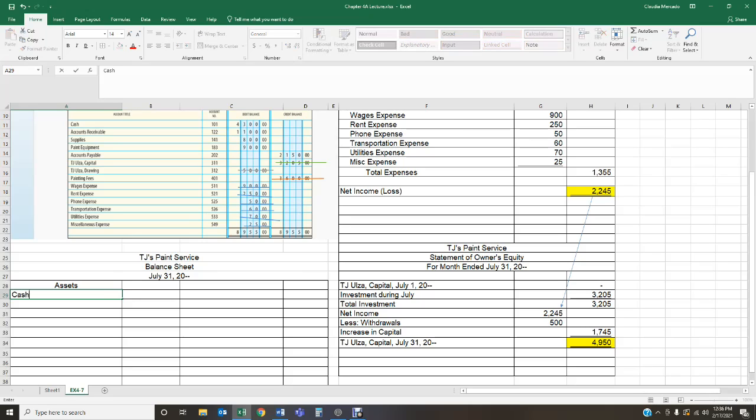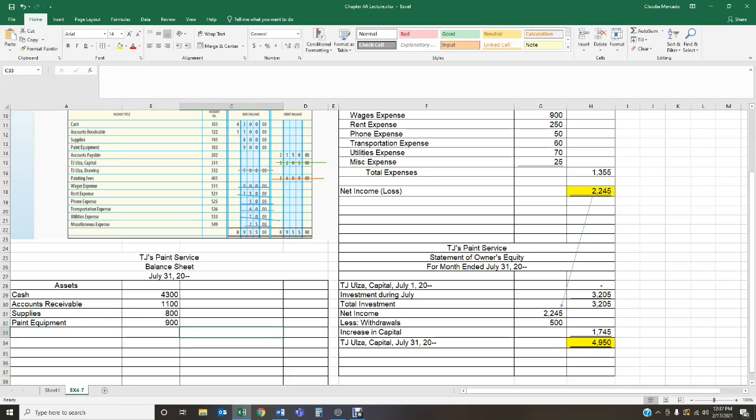So cash, 4,300. Accounts receivable is 1,100. Supplies is 800. And paint equipment is 900.